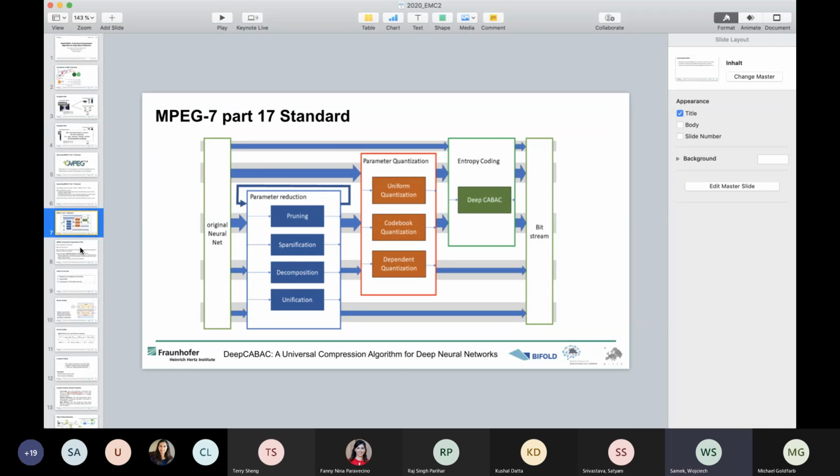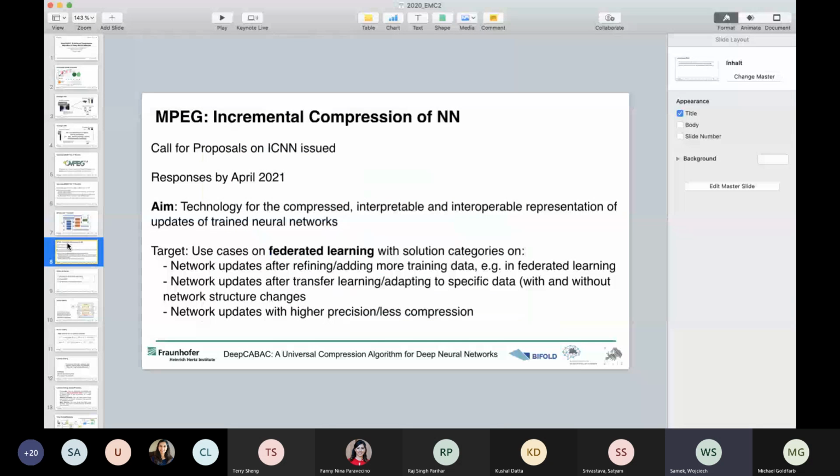And what you get in the end, in the optimal case, is a bit stream defining your compressed neural networks. And the goal is, of course, to reduce the size of this bit stream. Maybe one final word on this MPEG initiative.